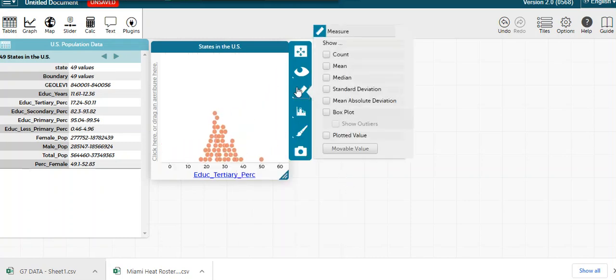And let's try a box plot. All right, now that's nice. 50% of the states have between 24.6 and 30.8% having some tertiary education.